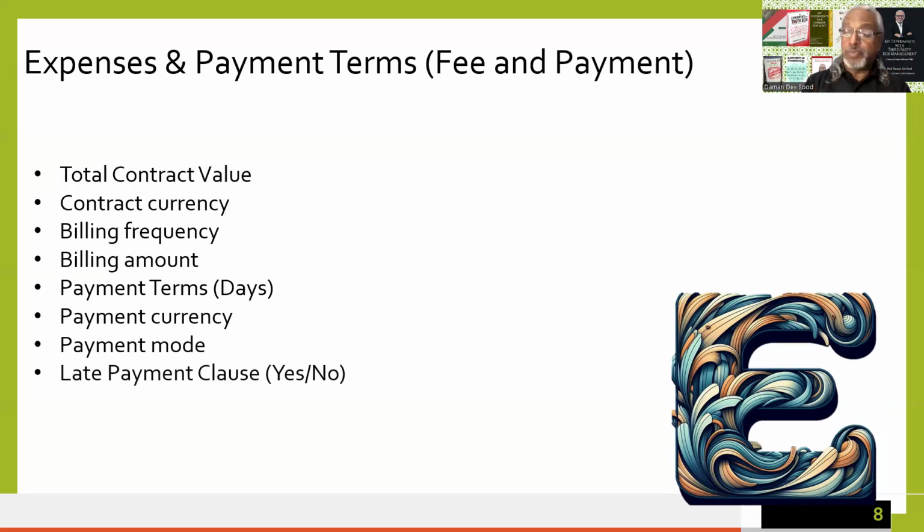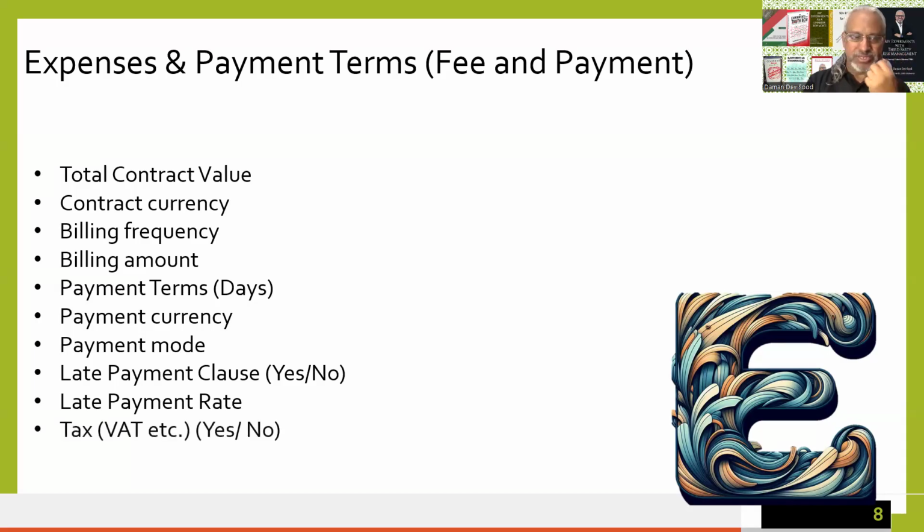For example, if there is any late payment clause. So this is the third party raising a bill to you, and if you delay in payment, could there be any penalties to you? Late payment rate of interest, tax details if there are any taxes to be deducted.